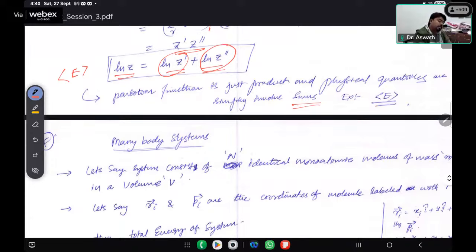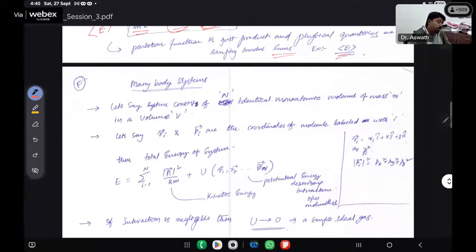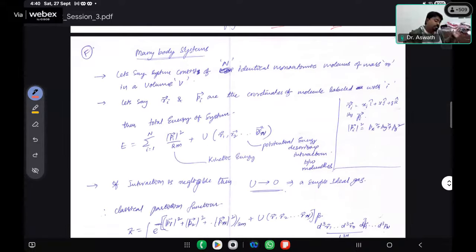Now we can bring in many systems, many-body systems. No more just two systems. There is a kinetic energy, and there is a potential energy that comes from positions.